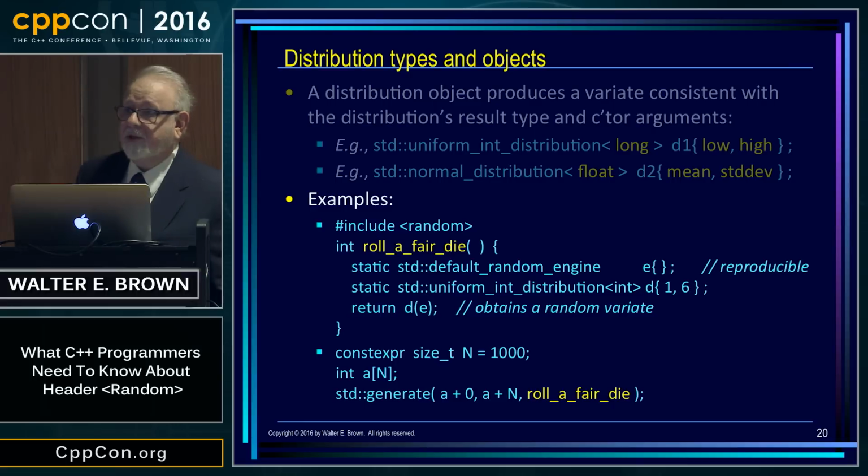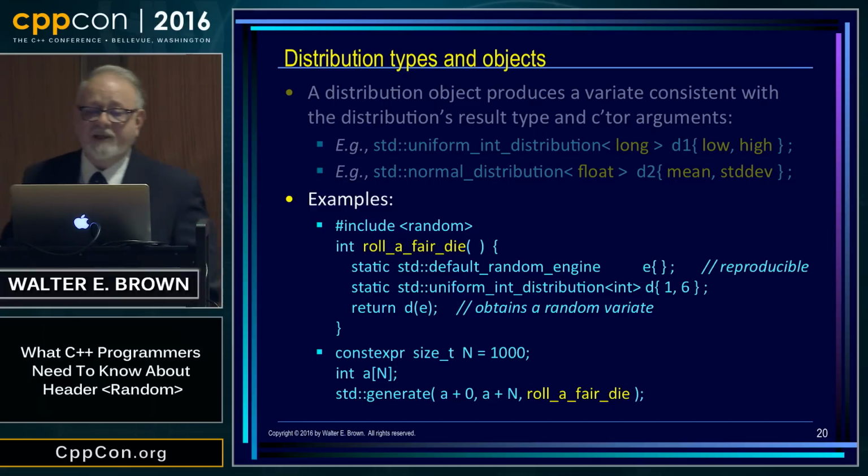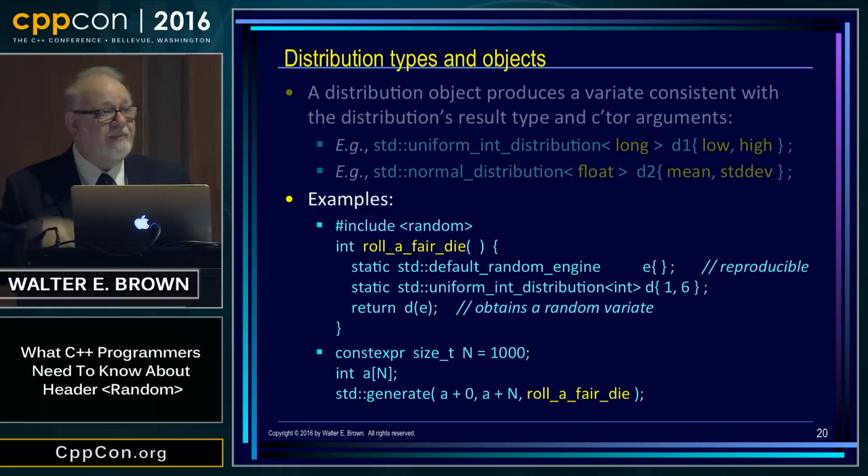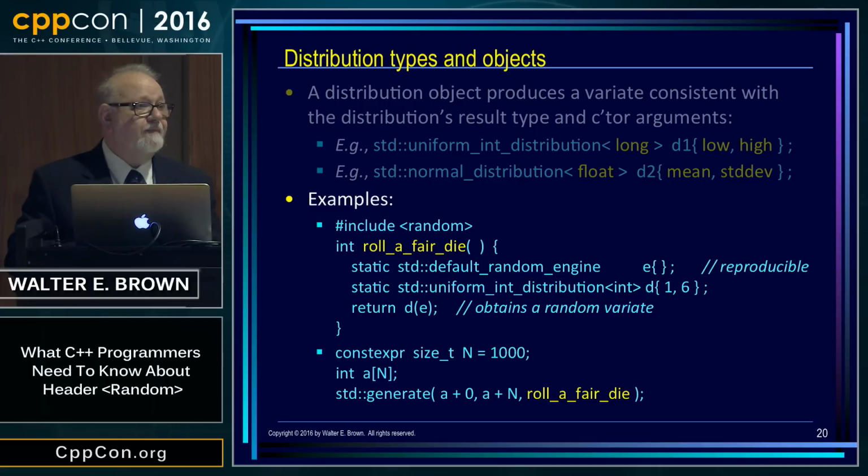Fill the array A from 0 up to n, and each time it calls roll a fair die, which is a kind of function object. Well, it's a function, but a function is a function object, and it takes no arguments, so you can pass it off to std::generate. And now you have 1,000 rolls of a fair die. Okay? Just a little taste of some things that you can do.